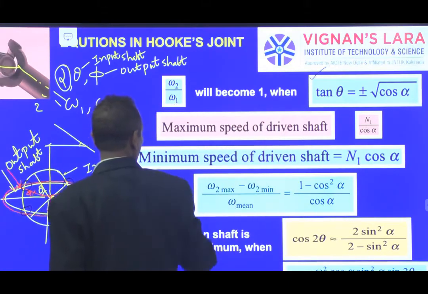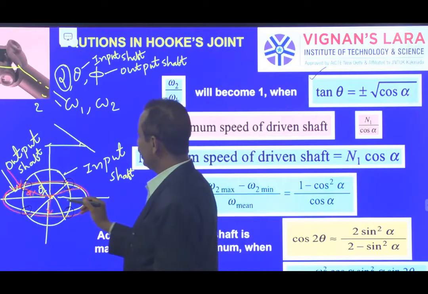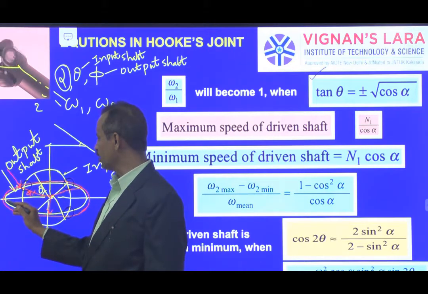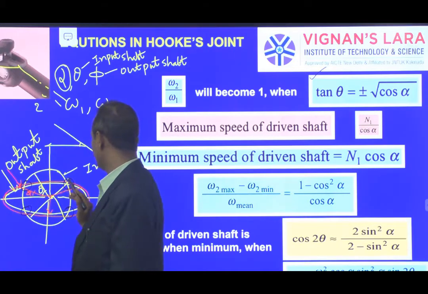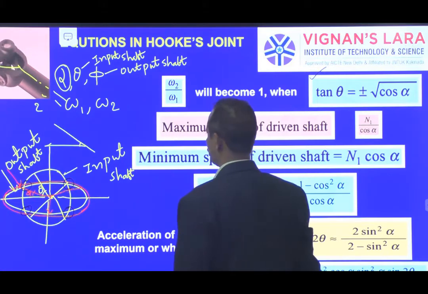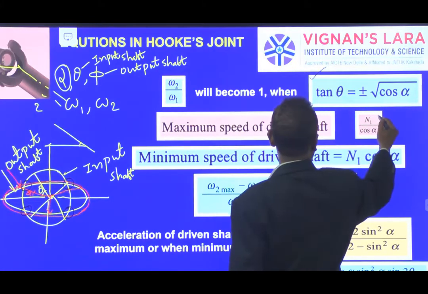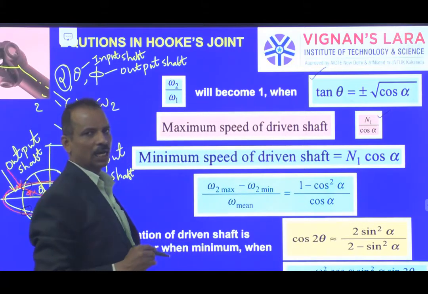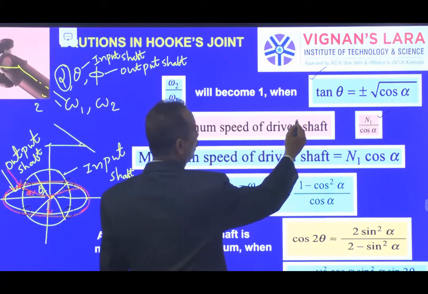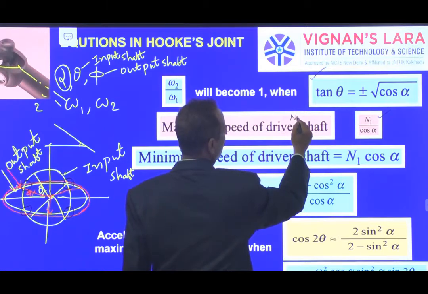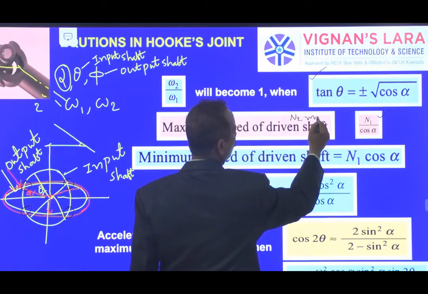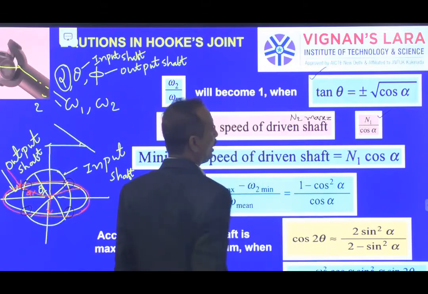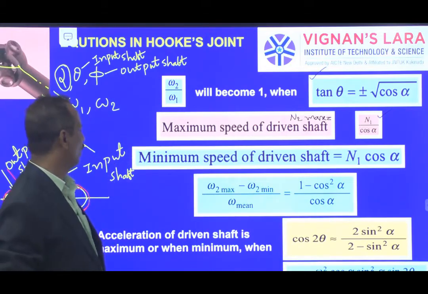Similarly, the output shaft speed is maximum and minimum. And what is its magnitude? The maximum speed of the driven shaft, N2 max, is N1 by cos alpha.